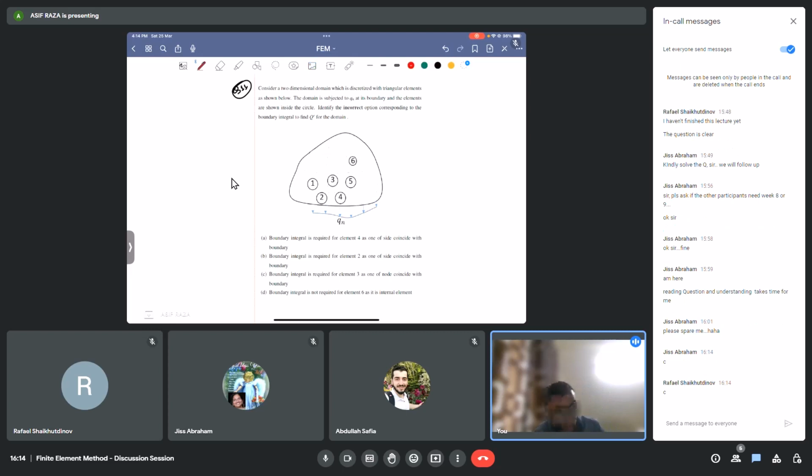Okay, can anyone unmute and tell quickly why option C is the correct statement? Abdullah has been quite active, so I would ask Abdullah to unmute and say something about this.